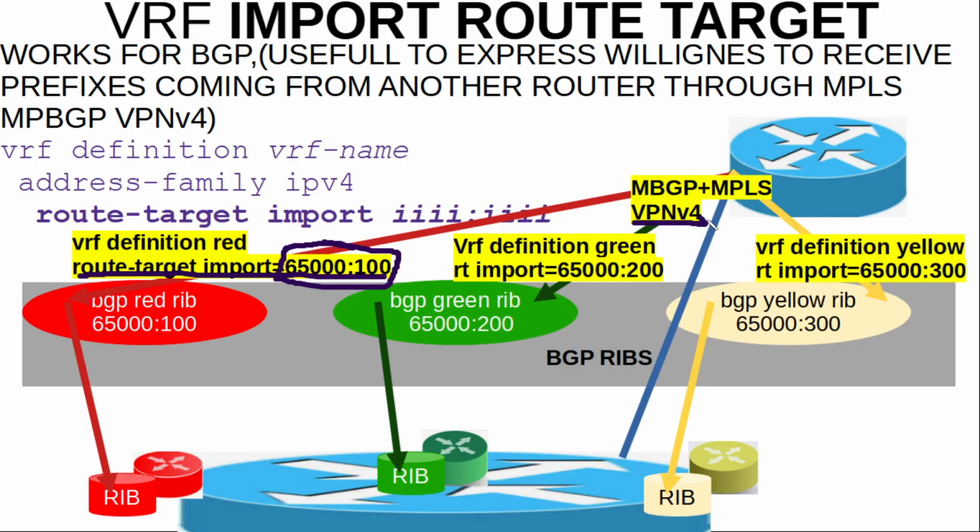So unless you're using multi-protocol BGP with VPNv4 or EVPN or something like that, it is really not useful to use route target import with the same number as the route target export. However, it is a best practice to use route target import and route target export with the same number.